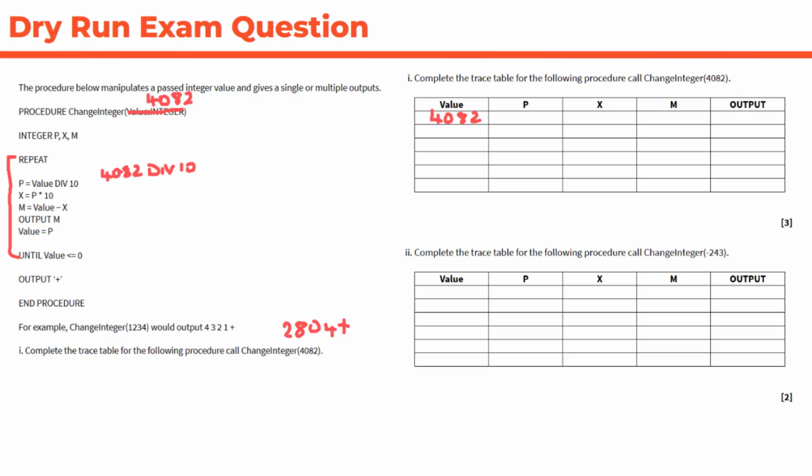So if I divide that by 10, it's going to give me 408.2. And I get rid of that remainder because there are no integers. So I know that P is going to be 408. And then it moves to the next line. X equals P multiplied by 10.